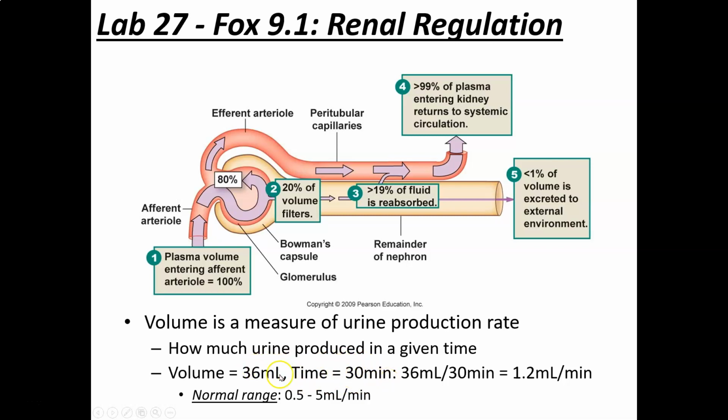So we can take 36 mils, divide by 30 minutes, and get our urine production rate of 1.2 mils per minute. Now, a normal range for people is about 0.5 mils per minute to about 5 mLs per minute if you're drinking a lot of water or something. Once you start to get close to 5 or above, it starts to be excessively large and does indicate sometimes a pathology. The most common one would be diabetes, as an example.